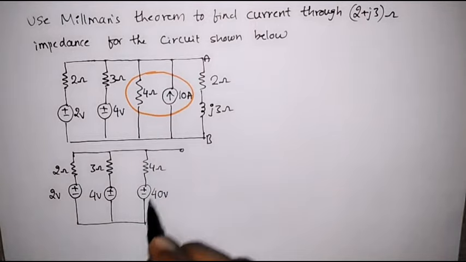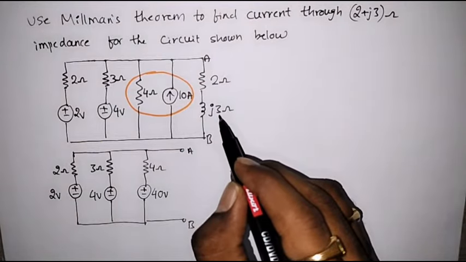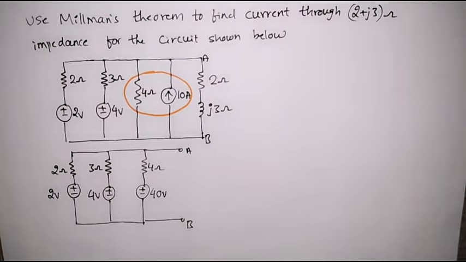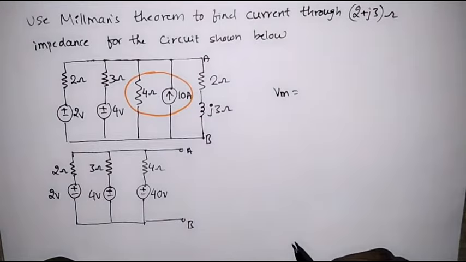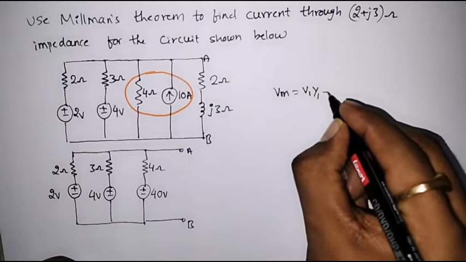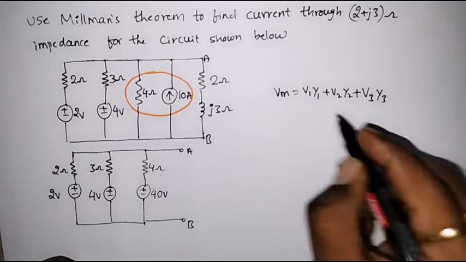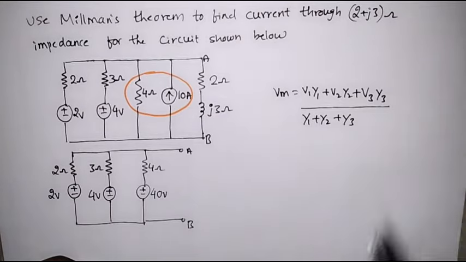Now the branch AB is open circuited, that is, the 2 plus J3 ohm resistor is removed from this branch. So now we'll find Millman's voltage and Millman's resistance. Millman's voltage is given by the equation Vm is equal to V1Y1 plus V2Y2 plus V3Y3 whole divided by Y1 plus Y2 plus Y3.